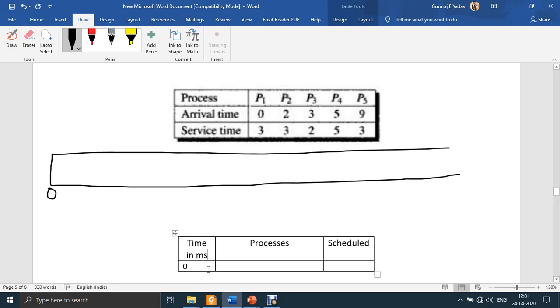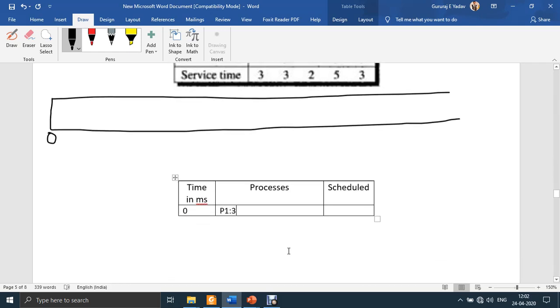So at 0 milliseconds, which is the process available? Only P1 is available. And what is its estimated completion time or service time? It requires 3 milliseconds. So that is what I'll write here: 3. If you want, you can write 3 ms, or just 3, because we are considering the time in milliseconds.